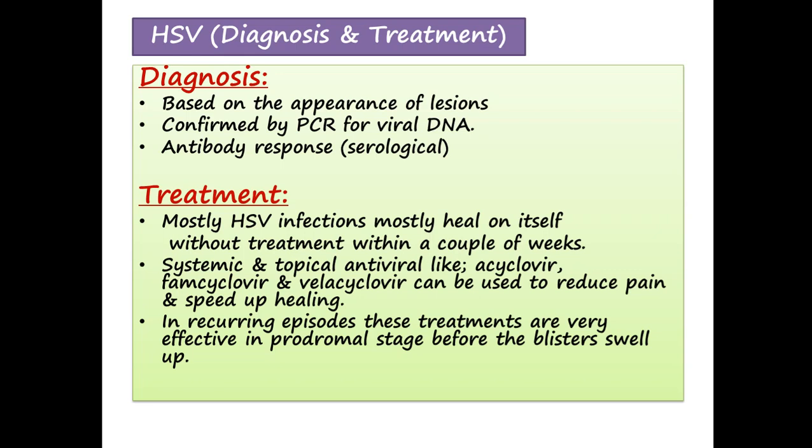Now, some systemic and topical antiviral drugs like acyclovir, famciclovir, and valacyclovir can be used to reduce the pain and speed up the healing. We can use topical antivirals, but systemic antivirals are kept for the most serious and life-threatening infections, because as we said, herpes infection is not a disease that is simply located to the oral cavity or female or male genitalia.